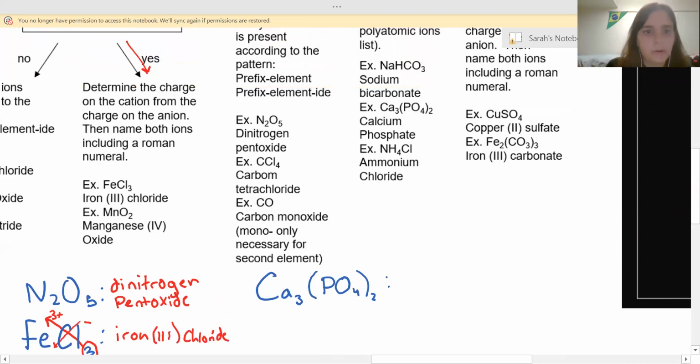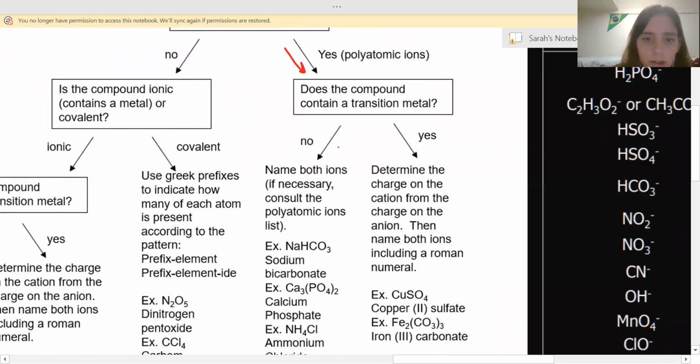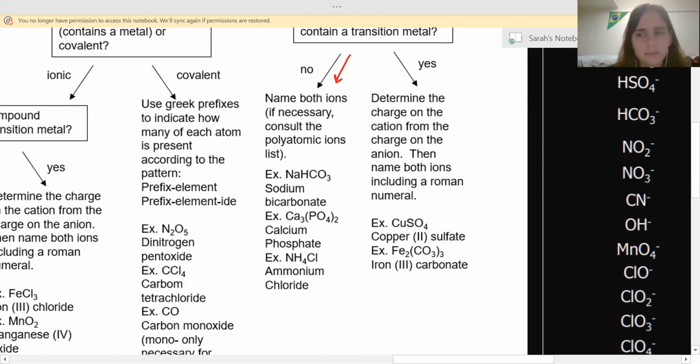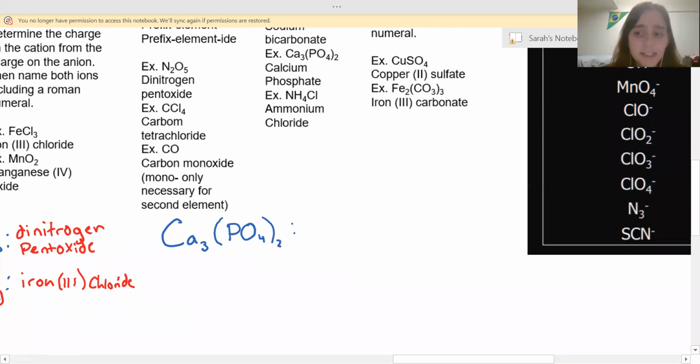Okay, let's go through this flowchart. Does the compound contain more than 2 elements? Yes, it contains 3. Does the compound contain a transition metal? No. The instructions say, name both ions. Pretty easy, right? If necessary, consult the polyatomic ions list. Now, like I said, this is phosphate.